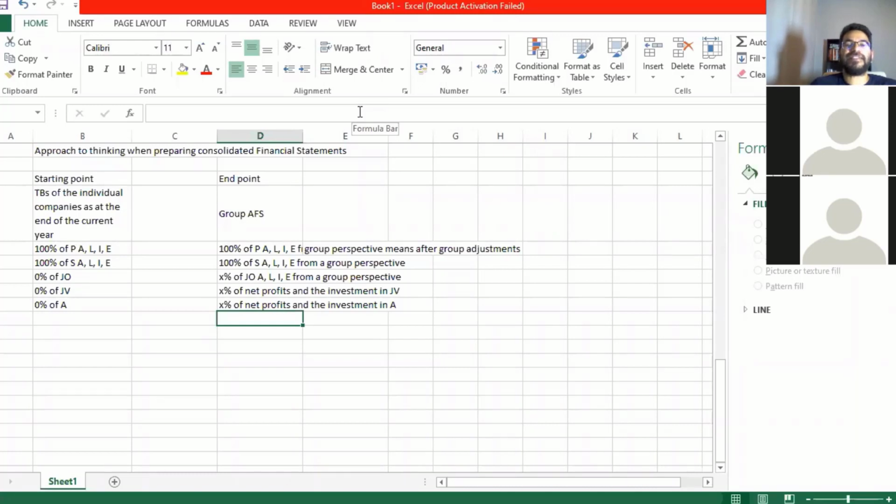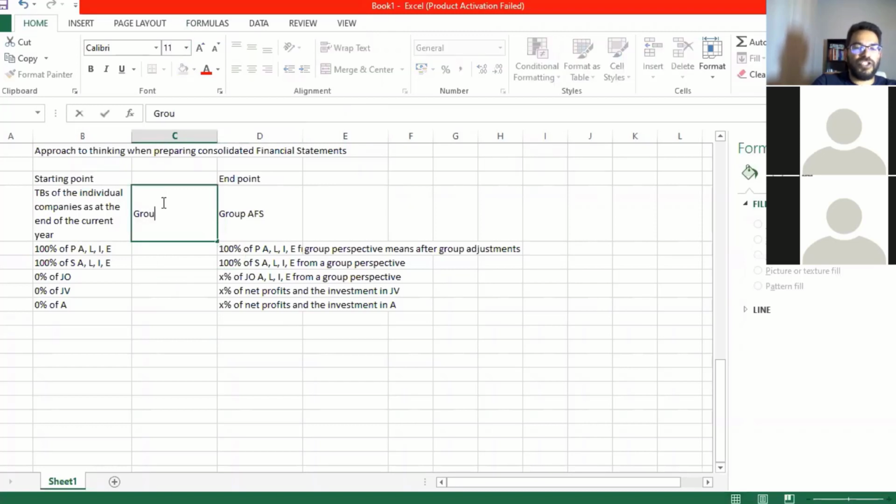So I hope you can see why in some cases we start with 100% and in other cases we start with 0%, because it all depends on what we want in the group financial statements in the end. So how do we move from starting point to end point? The way we move is through group adjustments.